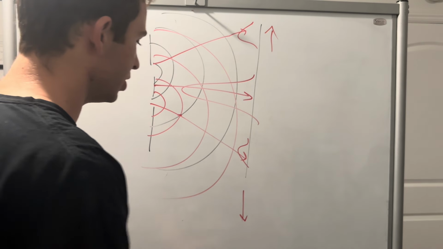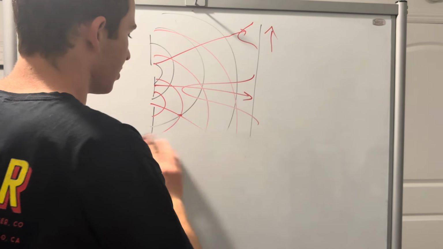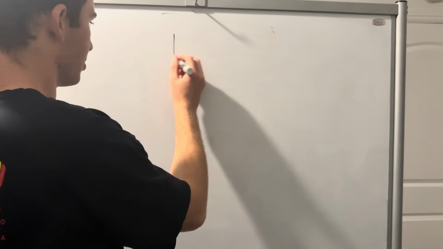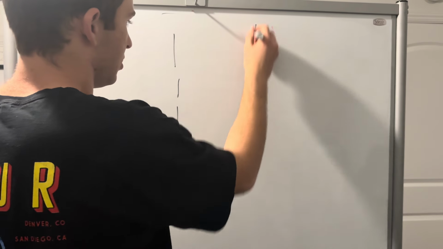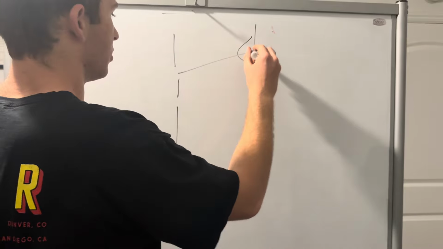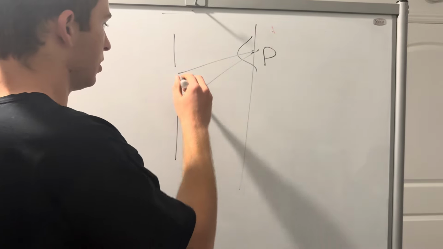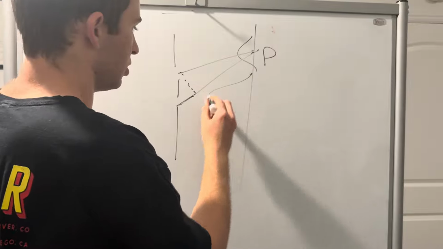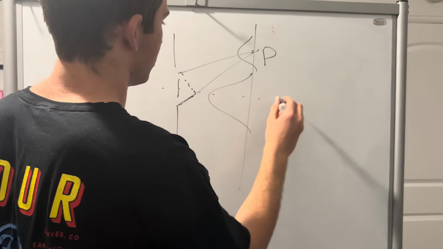And then using some geometry, you can come to the conclusion that if you have 2 waves in your double slit and you want them to go to some point P, and the difference in the path is going to be, well, you have your center line right here.